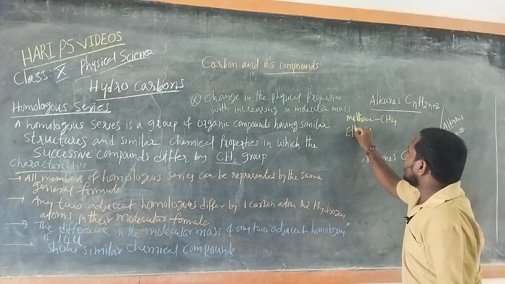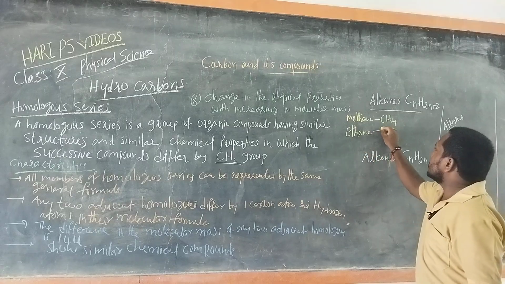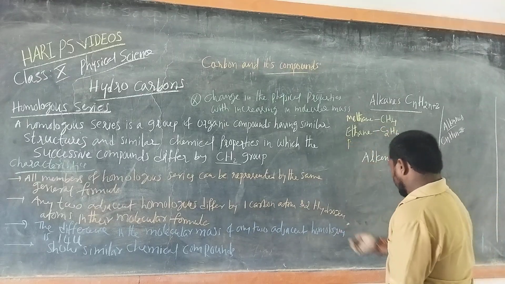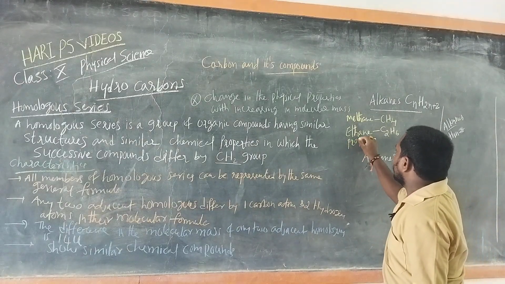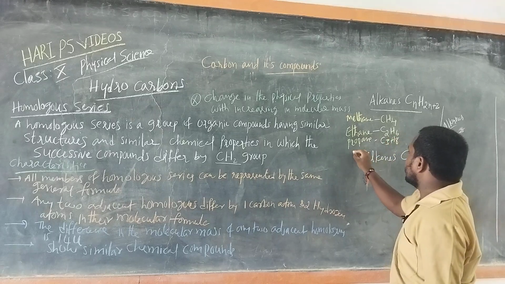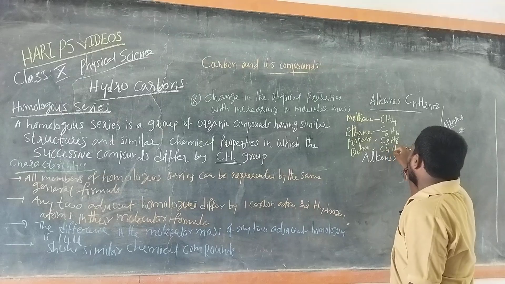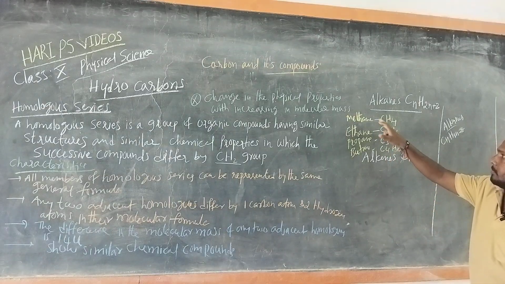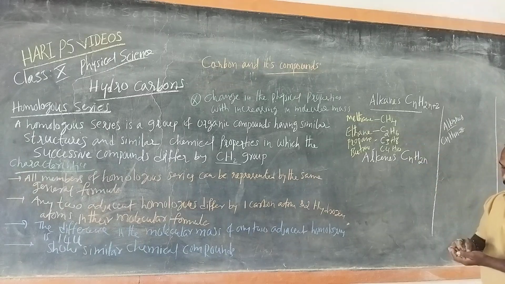Then ethane, eth means 2, C2H6. Then propane, C3H8. Butane, C4H10. So these are all alkanes: methane, ethane, propane, butane.